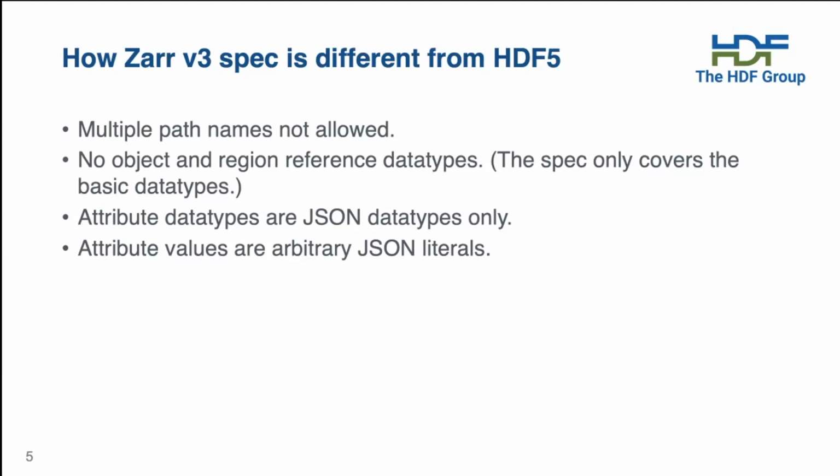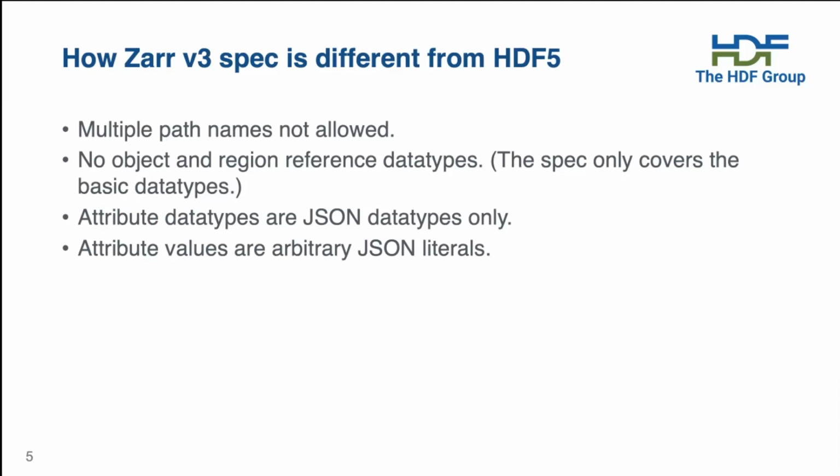The biggest hurdle right out of the gate is that in Zarr, because of the requirement that keys are unique, there cannot be multiple linking like in the HDF5 data model. Multiple linking, or multiple path names, means basically giving HDF5 groups or HDF5 datasets multiple names. That's not possible in Zarr, not in the core specification.